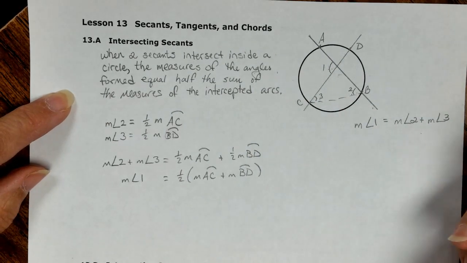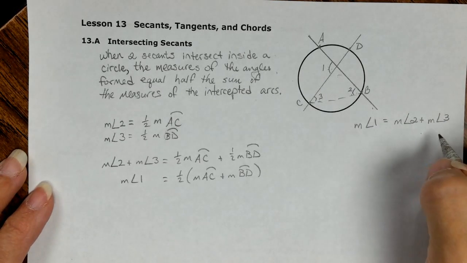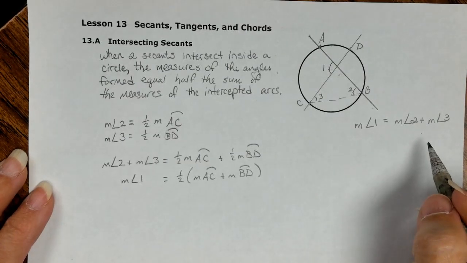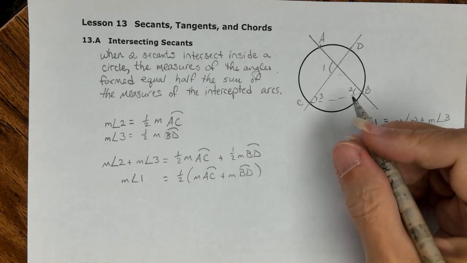Okay, and we're going to put a sentence here too, because this is going to help you sometimes, and we're just going to go ahead and write a little sentence here. Let's see.